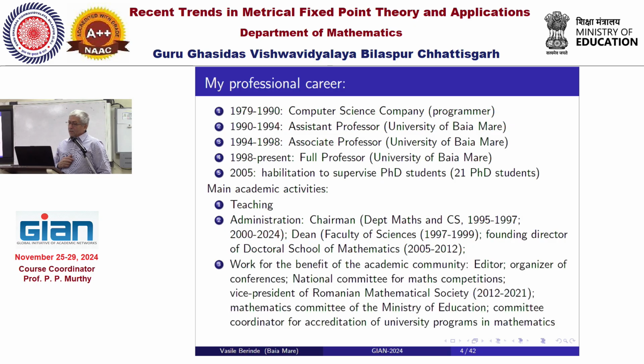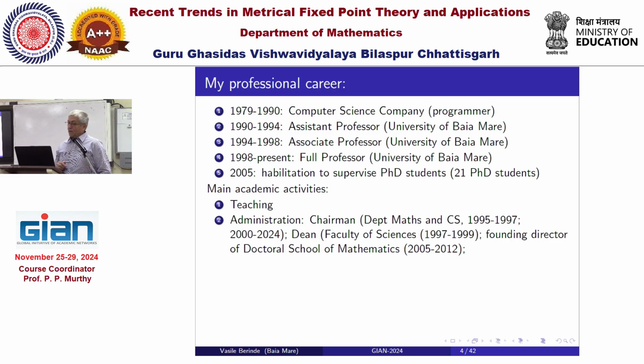So I did a lot of work in administration. We are in November, so in March I stepped down, so I did almost 30 years of administration work. A lot of waste of time and energy, as chairman of the mathematics and computer science department for 25 years and also dean of the faculty of sciences.